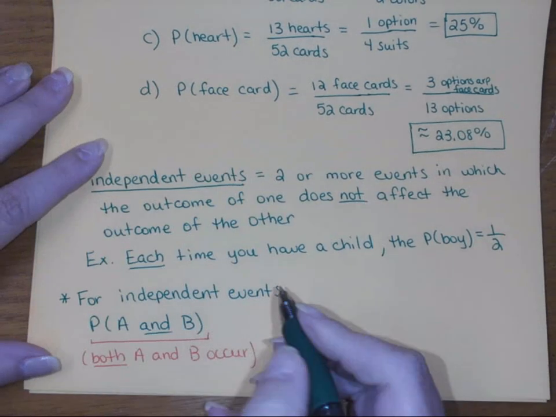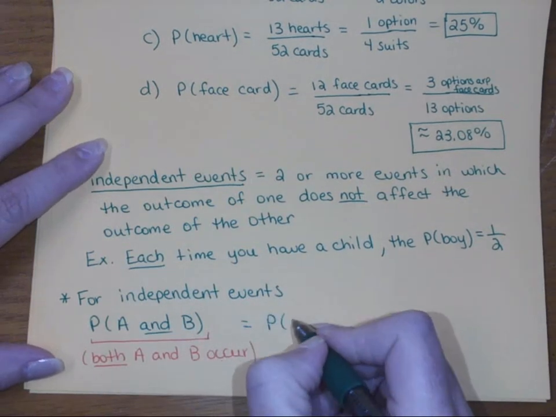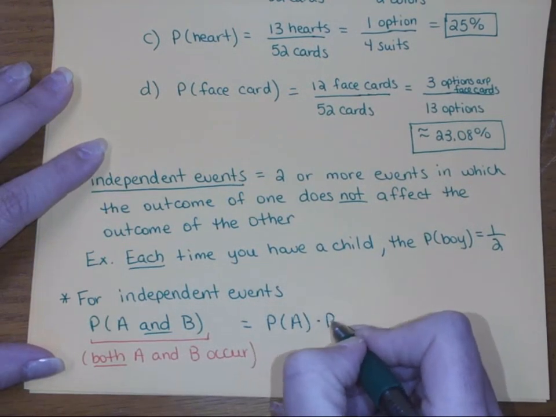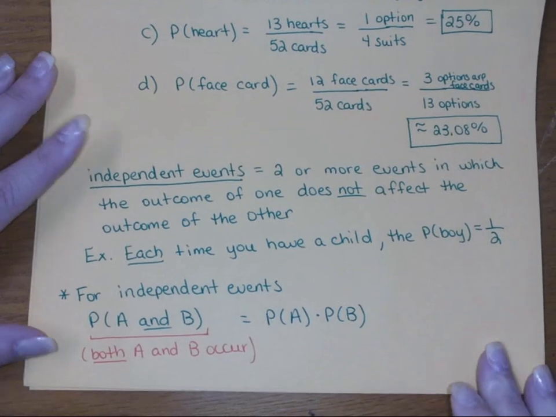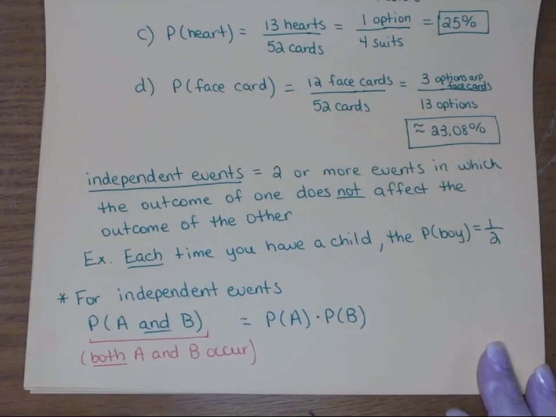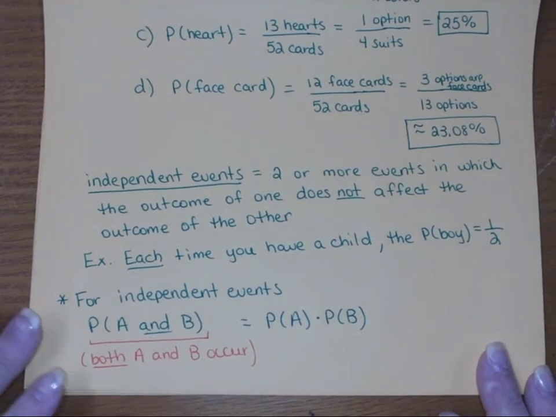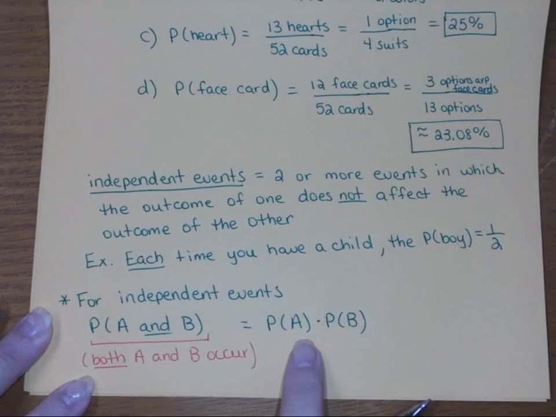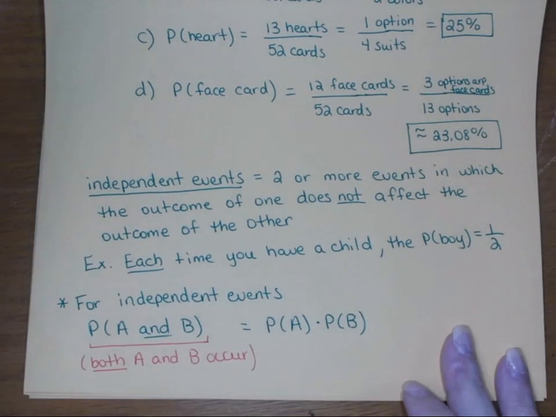So as long as you know that they are separate from each other, or you've taken into account any changes you need to make for the second one, if any, then you can just multiply the probabilities. Okay, so the probability of A and B both happening is just the probability of A times the probability of B.